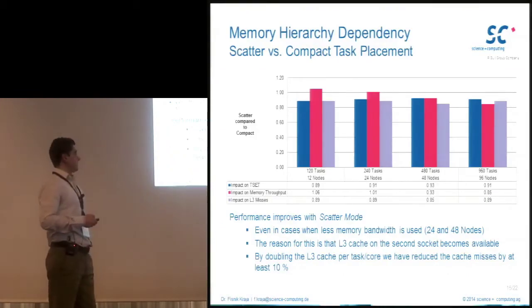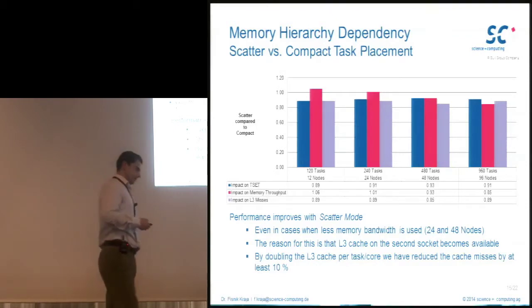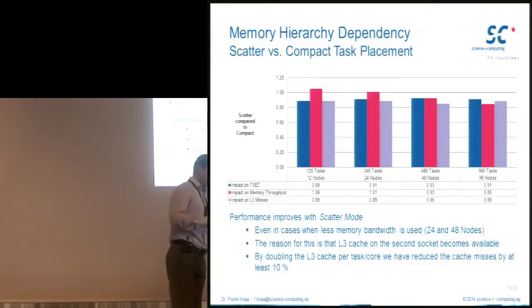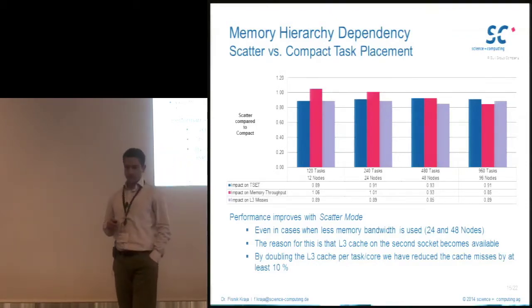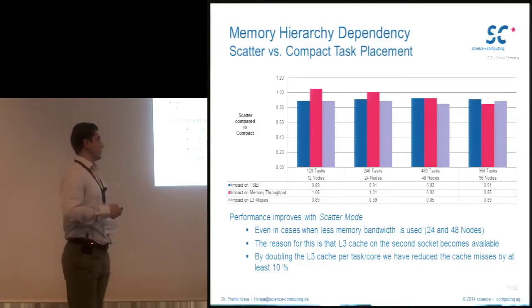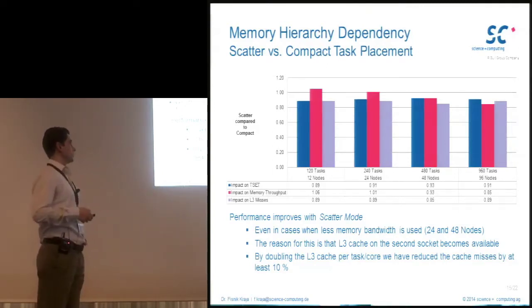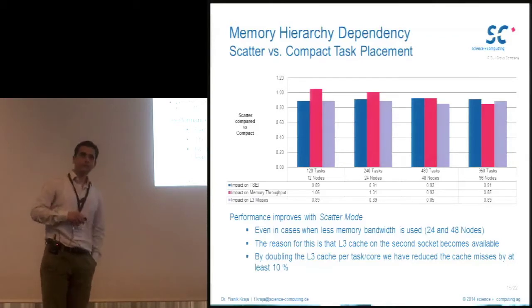What we also did is to analyze the performance when we change the task distribution. We now use 12, 24, 48 nodes, but we just put 10 tasks per node. In the first scenario, we call it the compact scenario, we put all the 10 tasks on one CPU.